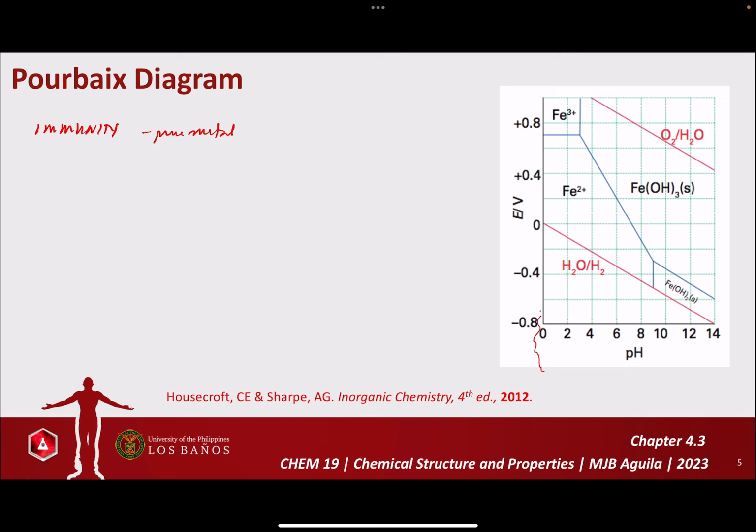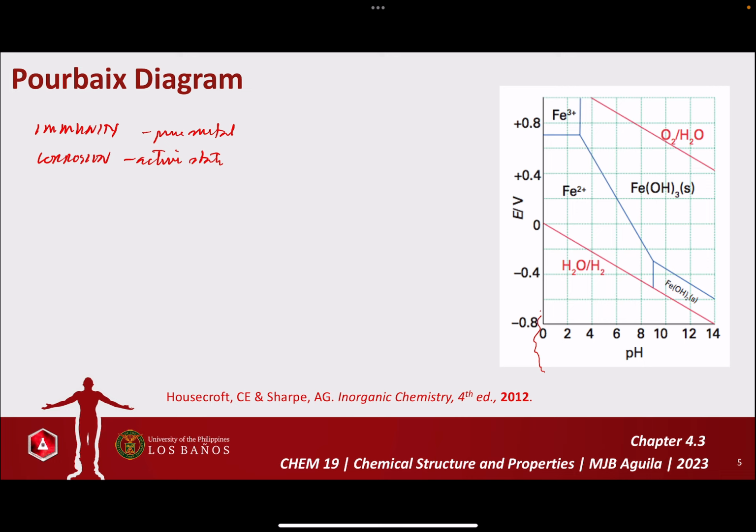And then we have corrosion. Corrosion region is in the active state. Okay. So the immunity region is in the noble state. So the corrosion region is in the active state.